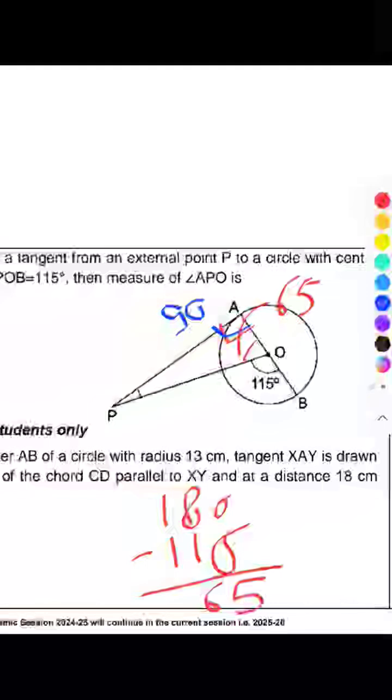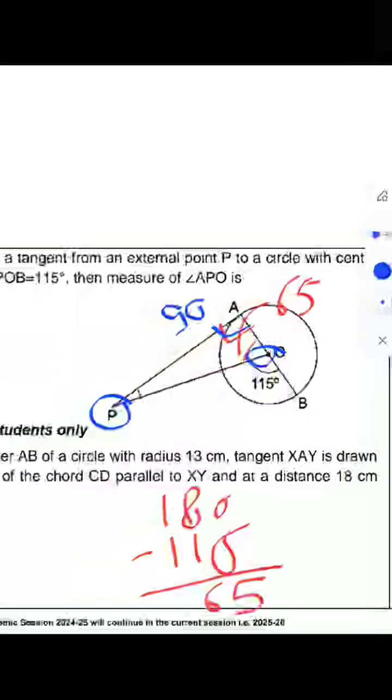So this angle how much? You see, sum of angle P and angle AOP must be 90, because APO is a right angle triangle. Sum of all angles in triangle APO is 180 degree.